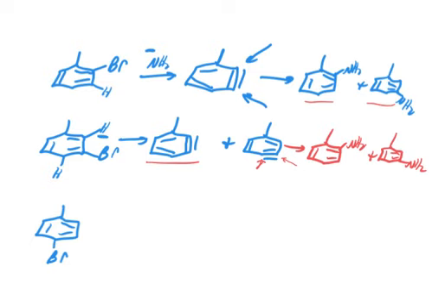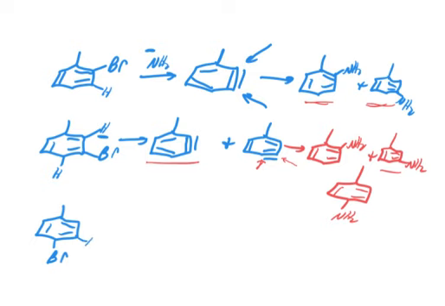And this second benzyne is also going to generate this one, but it'll also give me a third one where I'll have the nitrogen para to the methyl group. So the first one gives me a single benzyne, and I get two products. The second one gives me two different benzynes, and I get a total of three products.